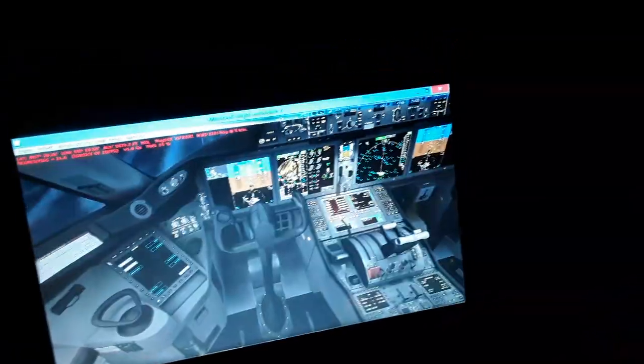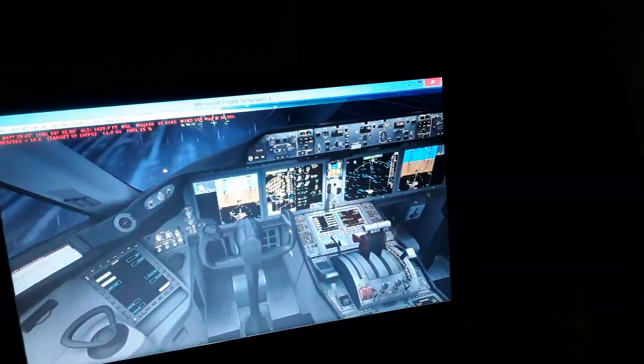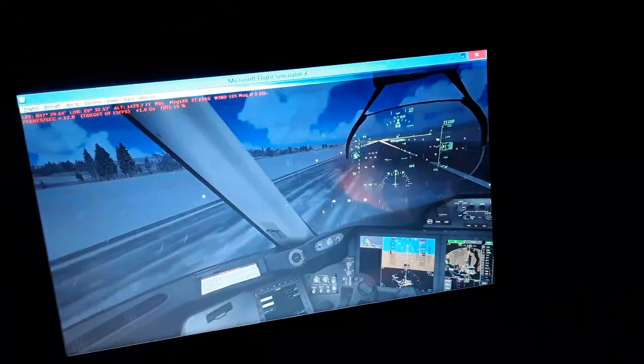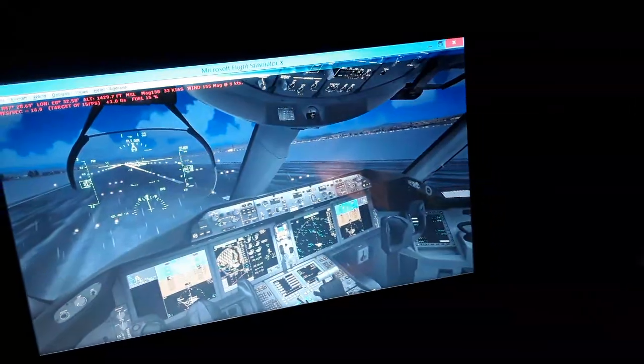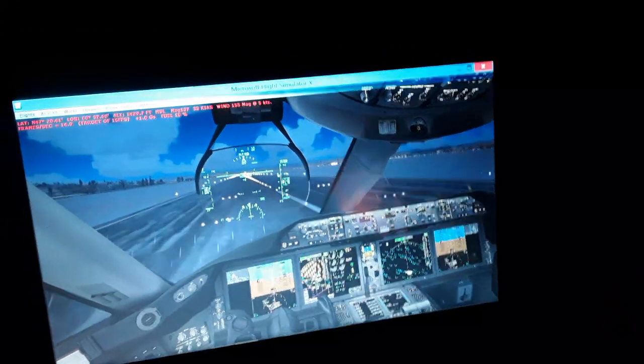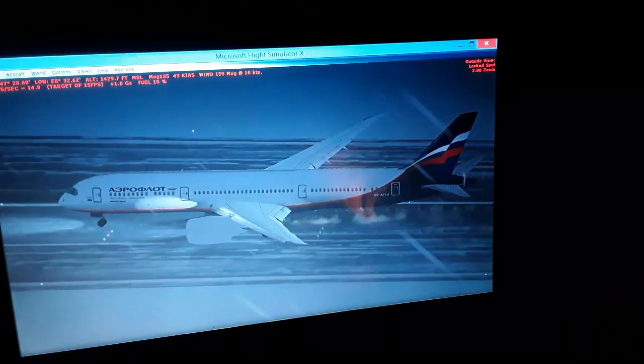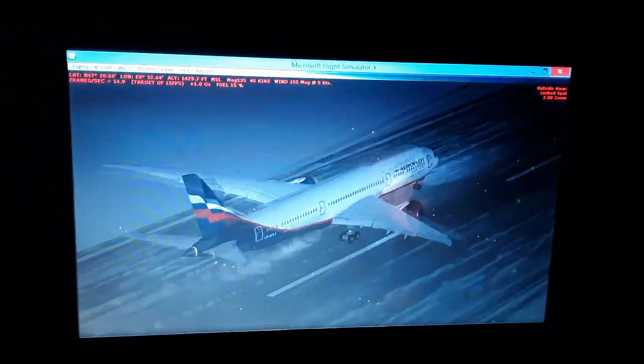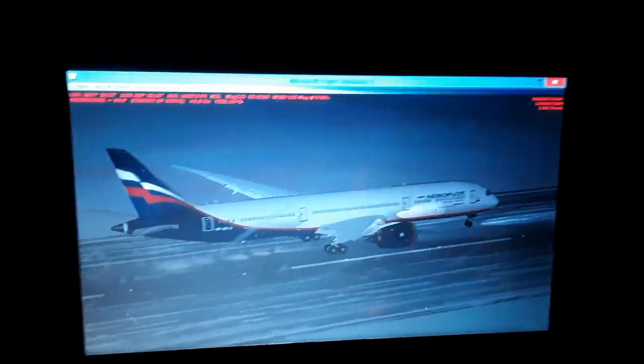So we need to advance the thrust levers forward and align with the runway. And this is it, we take off now.